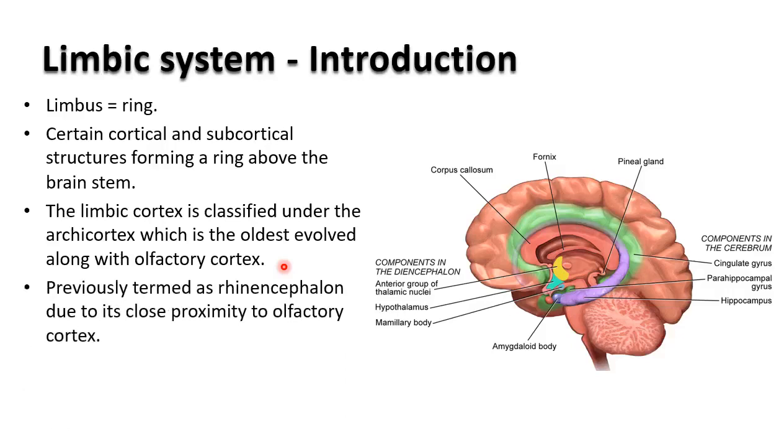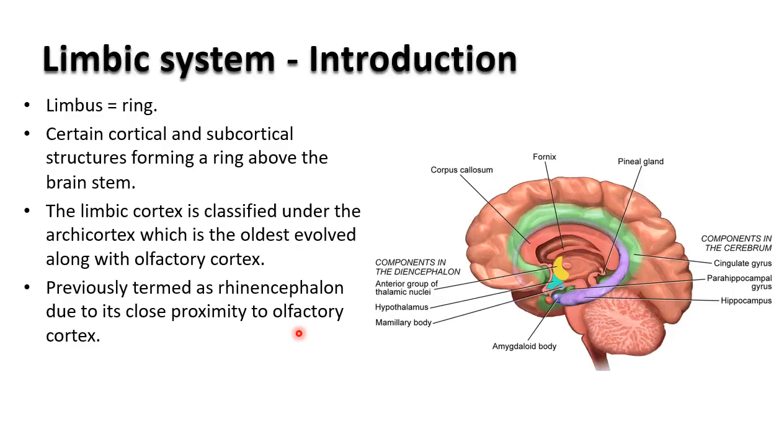and it is also called the allocortex. Previously it was termed the rhinencephalon because of its close proximity to the olfactory area. The olfactory sensation is the most primitive sensation, and it is from the older forms.